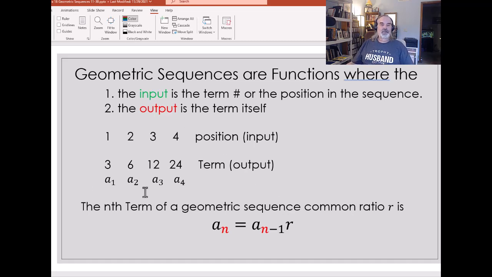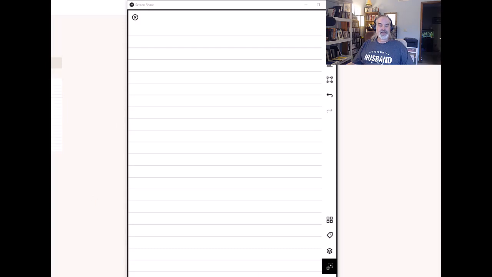So for this set of numbers in the middle, the 3, 6, 12, 24, 24 is a4. A is just the generic letter that's going to represent our numbers, and it's the fourth one in the list, 3, 6, 12, 24. And the number 2, that's the multiple that we use to leapfrog from number to number to number, that r is 2 because we're multiplying by 2. So if I was taking notes, what I might do here is write down that list.